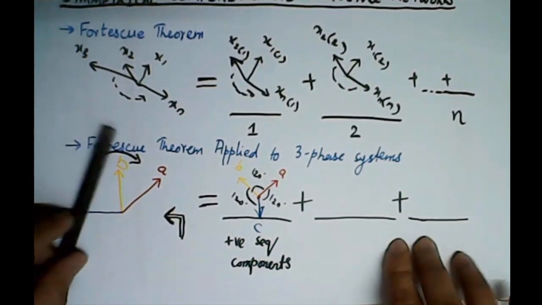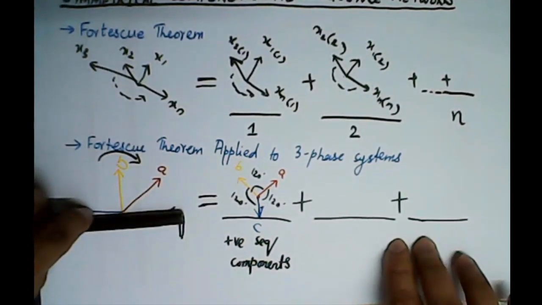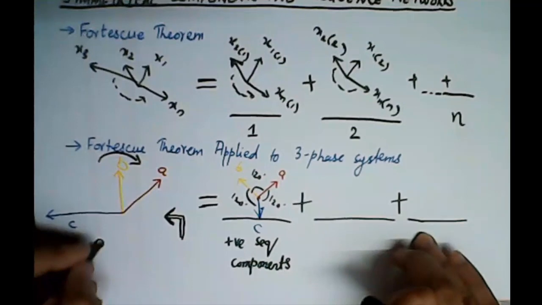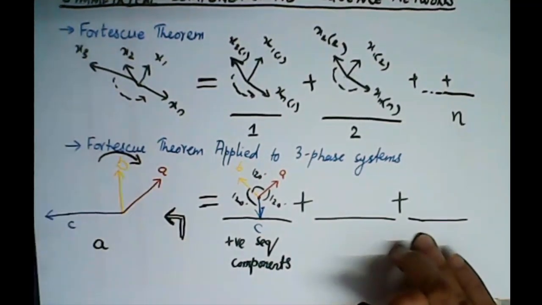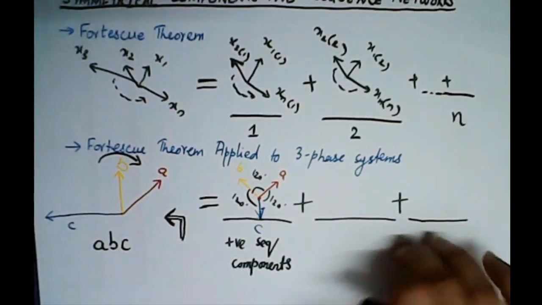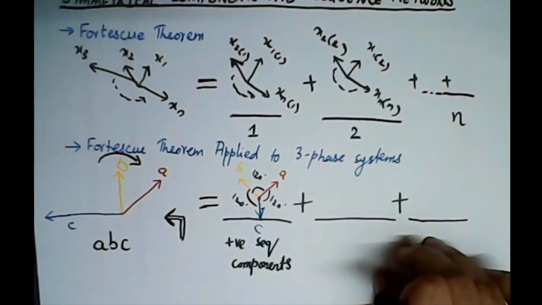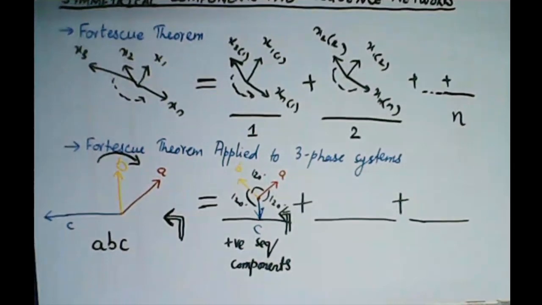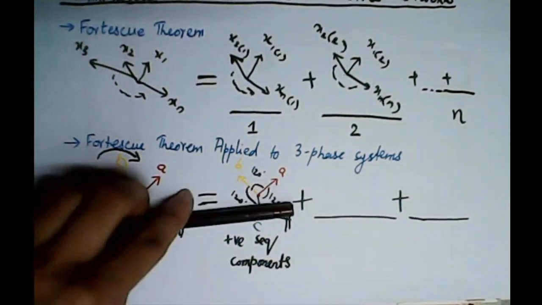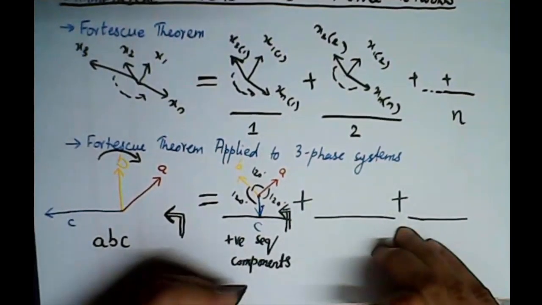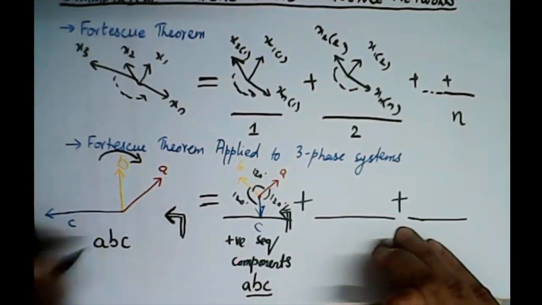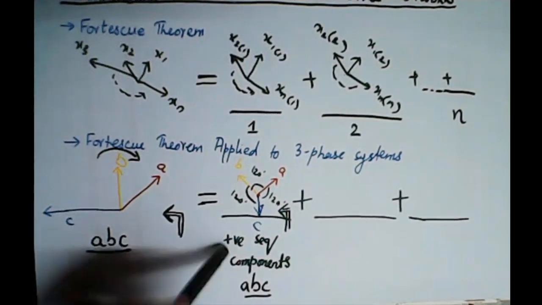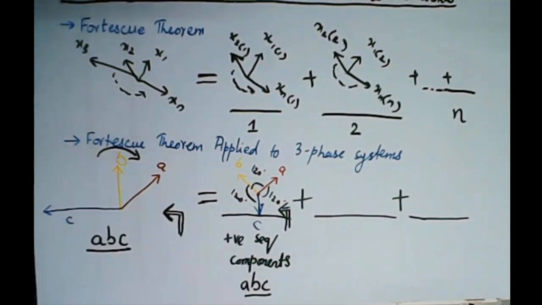Now when this phasor set rotates, the first phase that comes to the reference point here is A. After that we have B and after that we have C. Now if we look at this positive sequence, the first phase that comes here is again A, the next one is B and then C. This means its direction of rotation or phase sequence is the same as the original set of phasors, and that is why we call these positive sequence components.